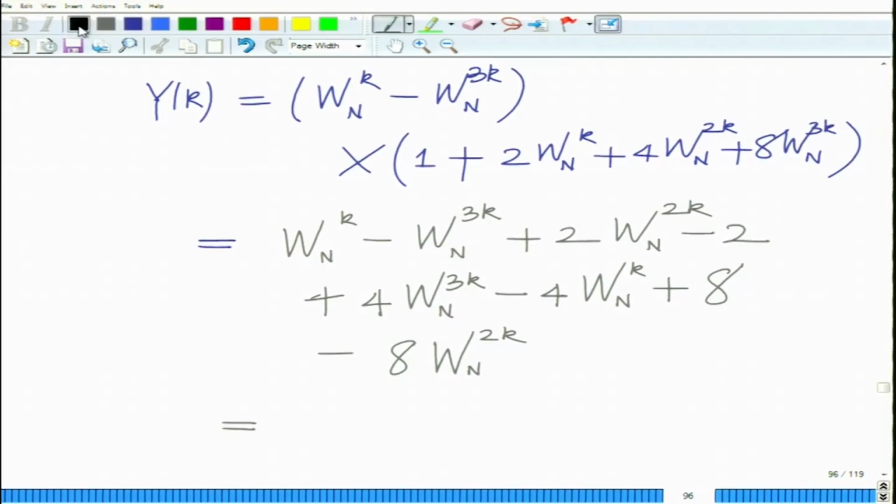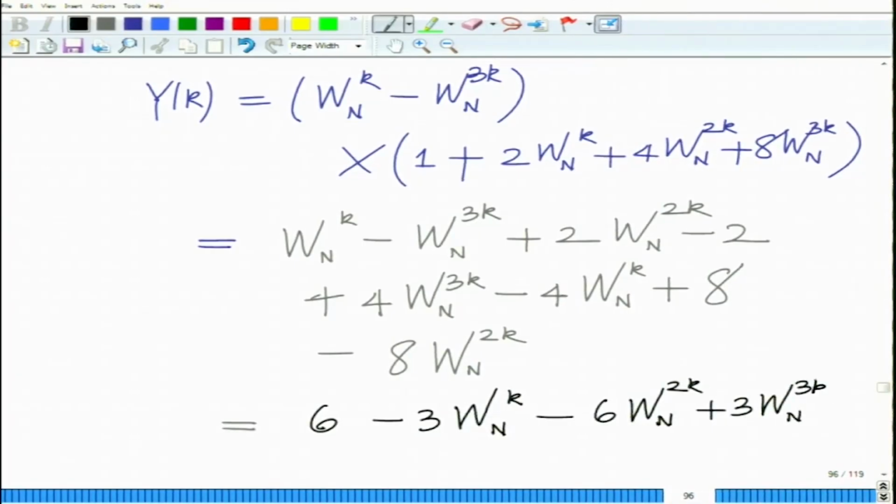So, now if you look at this, you have 8 minus 2 is 6. Now, collect the coefficients of W_N^k, that is 1 minus 4, minus 3 W_N^k. Now, collect the coefficients of W_N^{2k}, that is plus 2 W_N^{2k} minus 8 W_N^{2k}, that is minus 6 W_N^{2k}, and W_N^{3k}: you have 4 W_N^{3k} minus W_N^{3k}, so 3 W_N^{3k}.